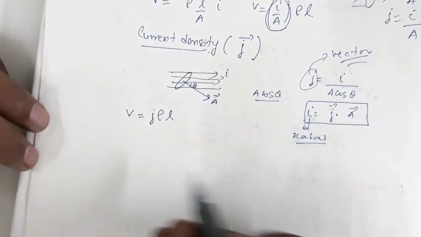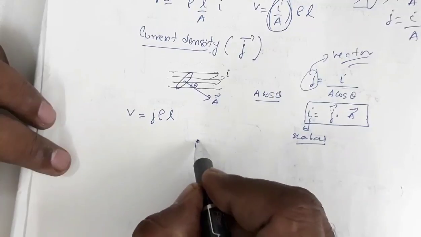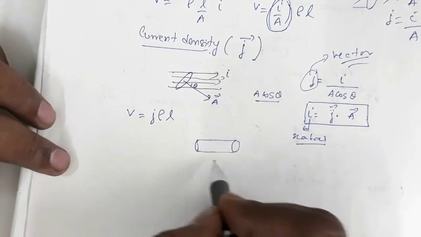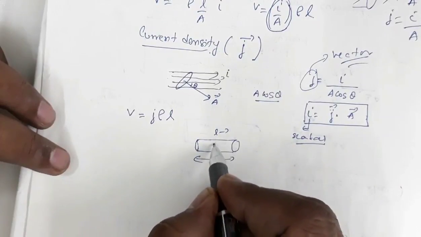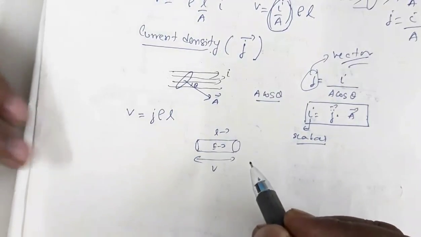Now suppose this is a current carrying conductor. V is the applied potential, L is the length of the conductor, and E is the strength of the electric field inside the conductor.